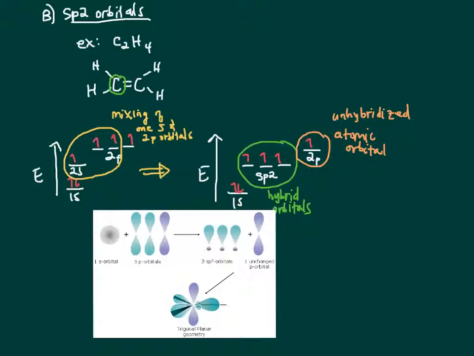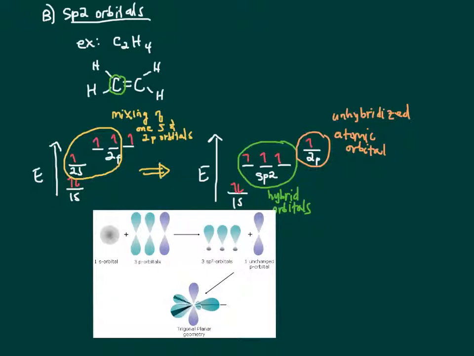So what that might look like in picture form is you've got your s orbital and the 2 p orbitals that it's going to mix with, and then the 1 orbital that remains unmixed. So you'll get your 3 sp2 orbitals, 1, 2, 3, and then your 1 unchanged p orbital.